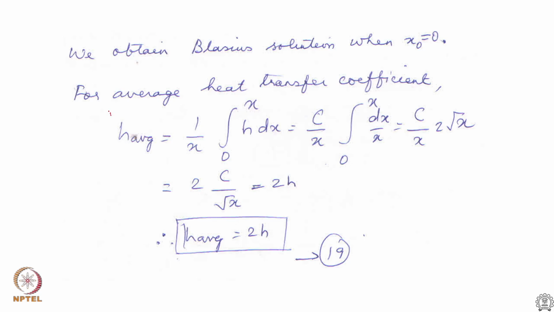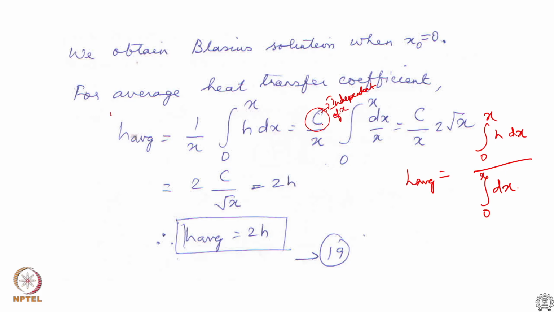If we move forward, we are always interested in knowing the average heat transfer coefficient. The average or mean heat transfer coefficient is the integral from 0 to x of h dx. If we collect all the terms that are independent of x and cast them as C, like the Prandtl number and so on, we see that we get an expression for the average heat transfer coefficient to be 2h.